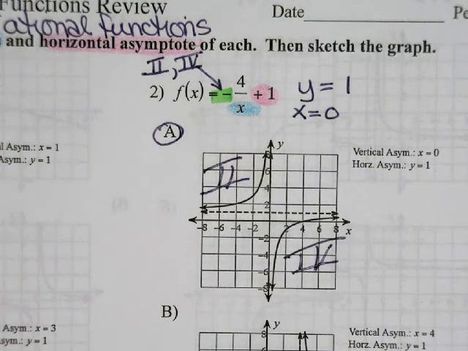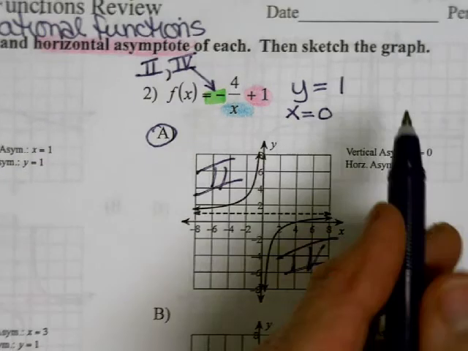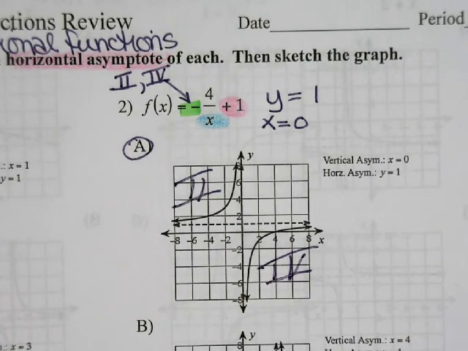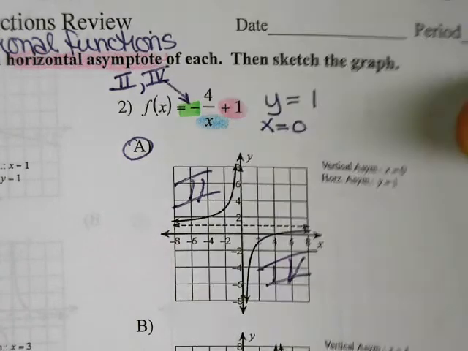And you look at the other ones, they don't have the correct vertical and horizontal asymptote. Okay, that's as complicated as it's going to get for these first 8. You're ready. We got number 2 done.